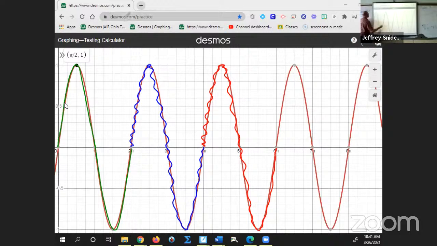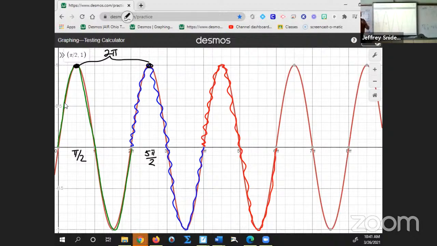In other words, how far is it from here to here? Where's this going to be at? Pi over 2. Where's this one going to be at? Remember, this is 2 pi right here. It's going to be at 2 plus 1/2, which is 5/2 pi. Is that what somebody said? How far apart is that?